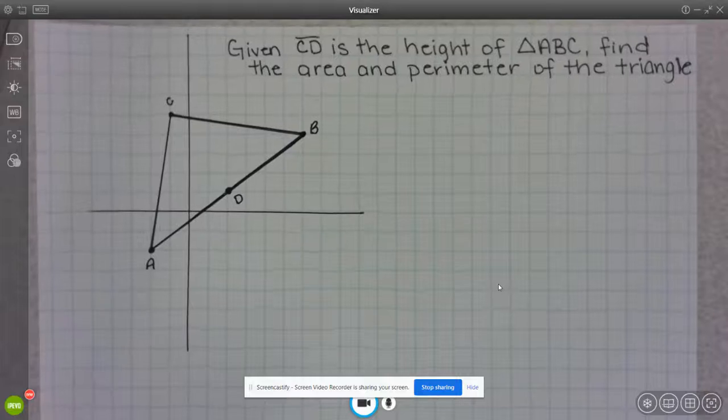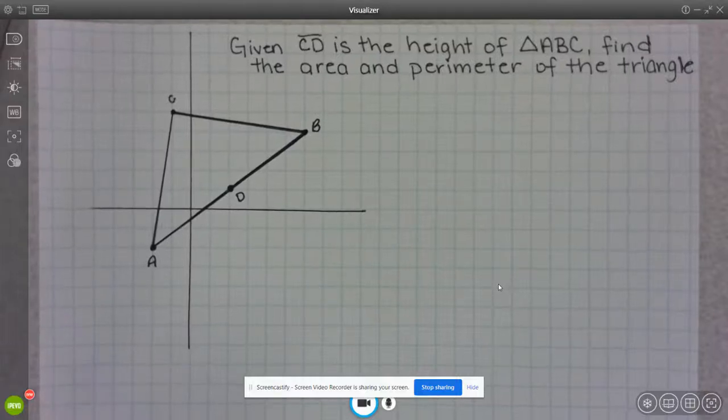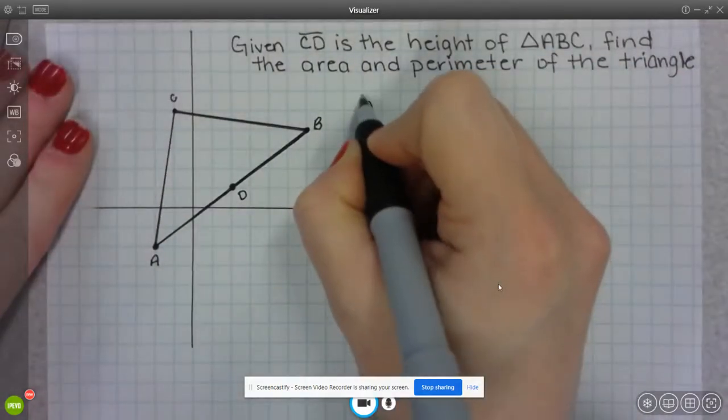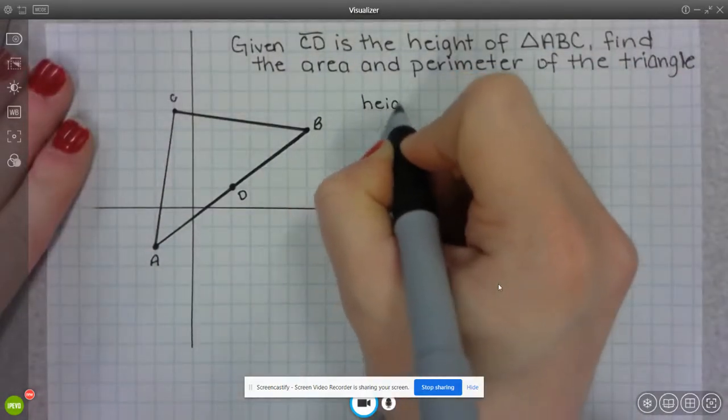All right, so the next one we're going to look at, we have triangle ABCD that's been given to us. And we have CD being the height. In order for CD to be the height, it has to be perpendicular to the base.